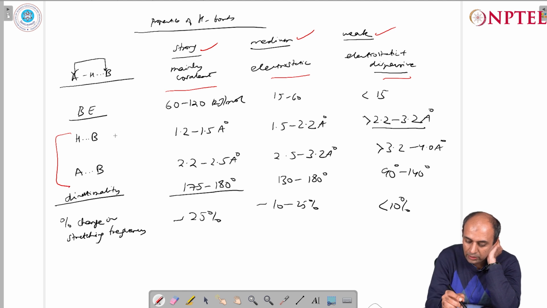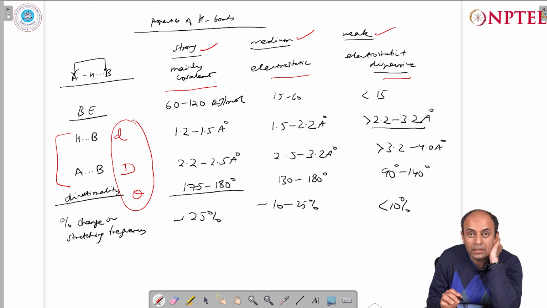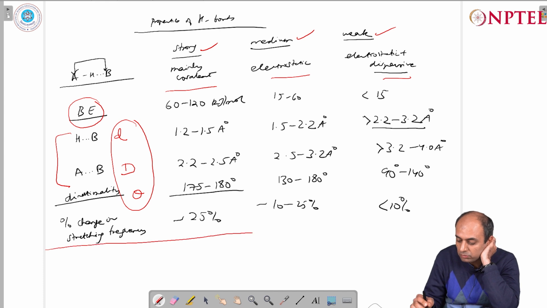These are the three important attributes: the distance between the hydrogen and the acceptor, written as small d, the distance between the A and the B, that is the donor and the acceptor non-hydrogen atoms, and the directionality which we specify as theta. These three are the important geometrical features of hydrogen bonds, which will be very important in our course. There are the bond dissociation energies or binding energies associated with strong hydrogen bonds, and a technique to characterize the changes in these distances of hydrogen bonded substances is IR spectroscopy, via the stretching frequency.